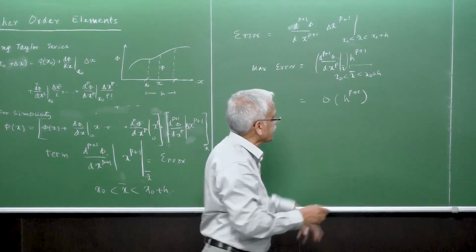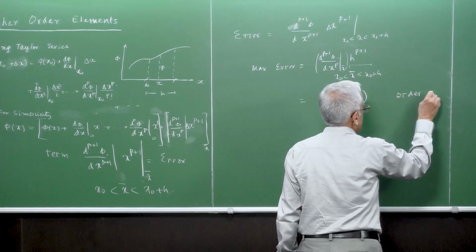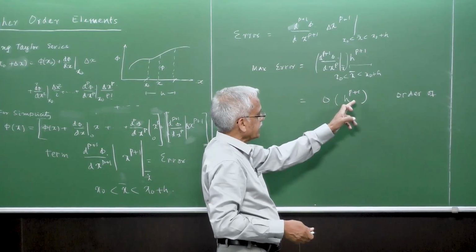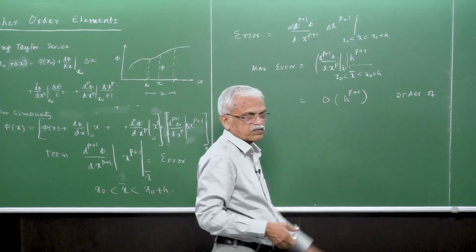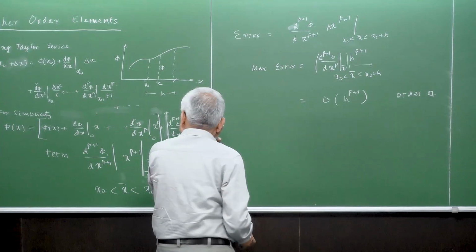So we say that it is of the order of, that means that if h reduces, the error reduces as h to the power of p plus 1. We'll just discuss it at this moment.